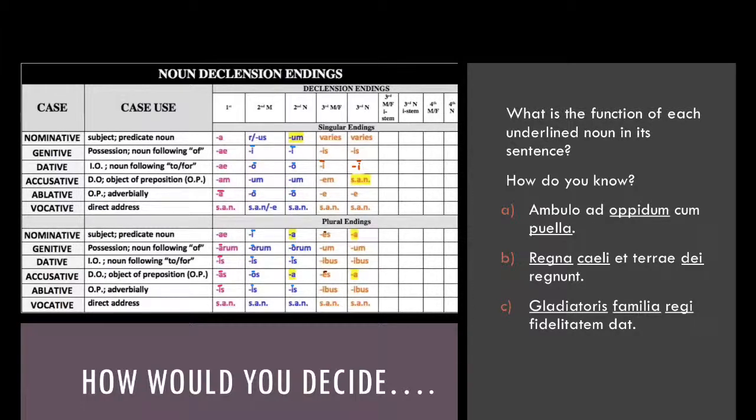How will you know if the I on the noun that you're looking at is the dative case from third declension, the genitive case from second declension, or the nominative case from second declension? How will you know if the A is being a subject or a direct object? These are all things to think about. And that's what part of this lesson is going to help us to determine.